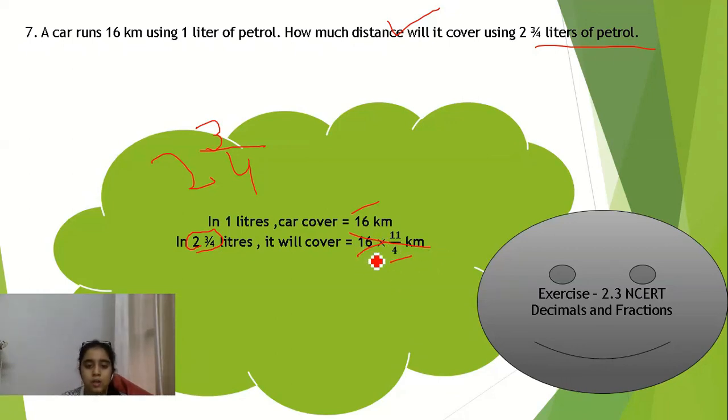We represent 16 as 16 upon 1. In the denominator we have 1 and 4, and 4 ones are 4 and 4 fours are 16. So in the denominator we have 1 and 1, and in the numerator we have 4 and 11. 11 multiplied by 4 is 44, so 44 kilometer is our answer. It means in 2 3 upon 4 liter of petrol, it will cover 44 kilometer.